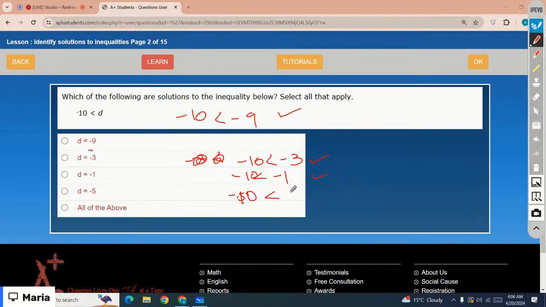Negative 10 is less than negative 5. So the correct option is all of the above.